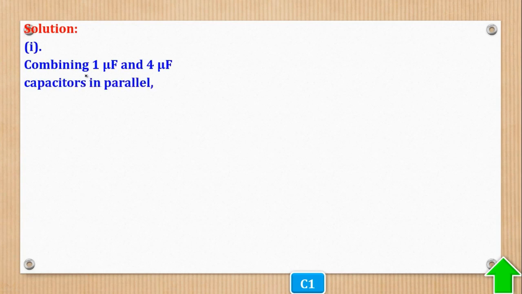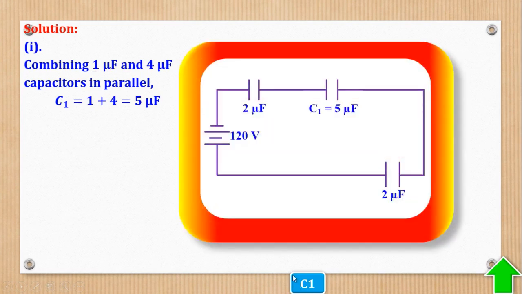So combining 1 microfarad and 4 microfarad in parallel, I'll come up with this. I have to add the 2 to give you this. So when that happens, the circuit will now become this.